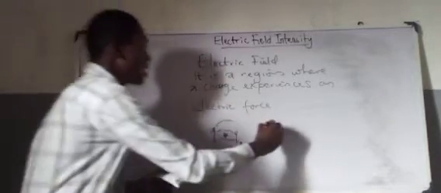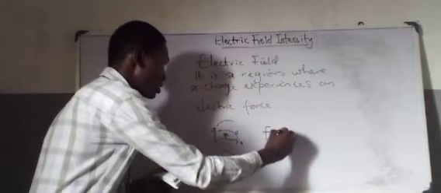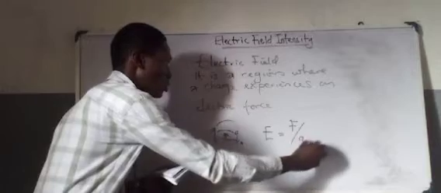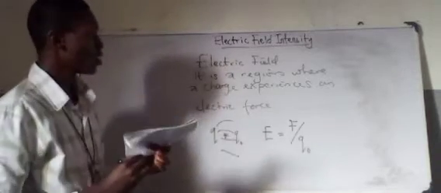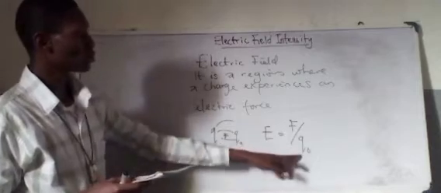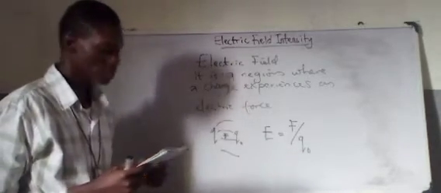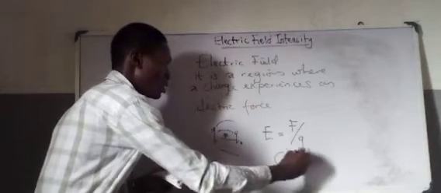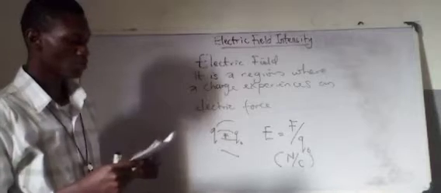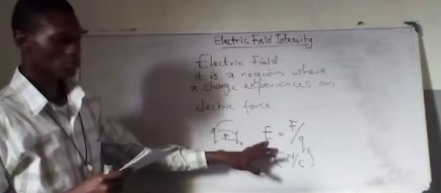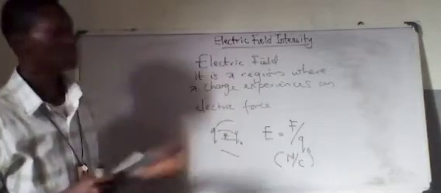So we say that electric field intensity is given as the force acting on a test charge. So it's seen as a ratio, the force to the charge. And the unit of electric field intensity is given as Newton per Coulomb. So this is what we refer to as electric field intensity.